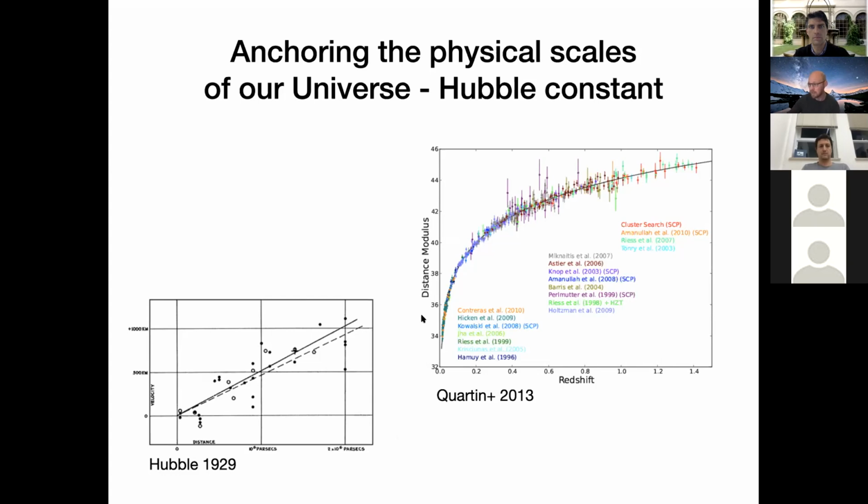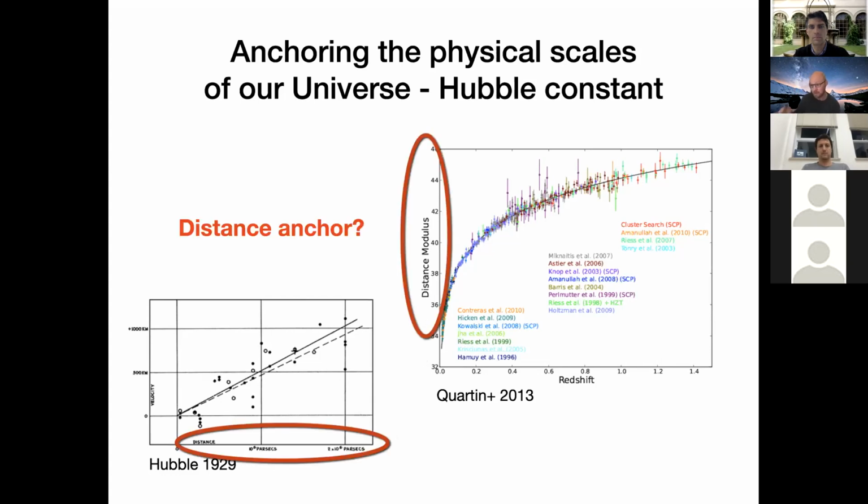What has changed between these diagrams are a few things. Hubble boldly put absolute distances on the y-axis, while this plot from 2013 uses a distance modulus, so it is an uncalibrated distance.